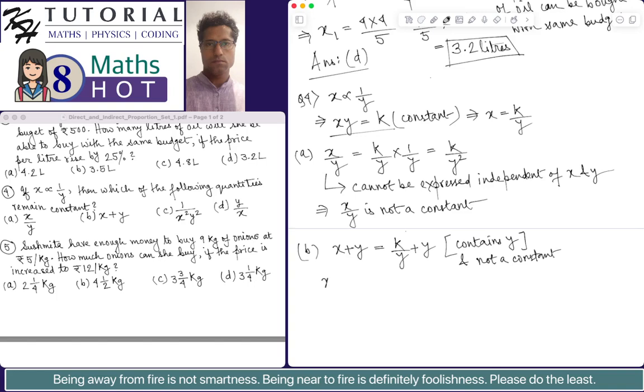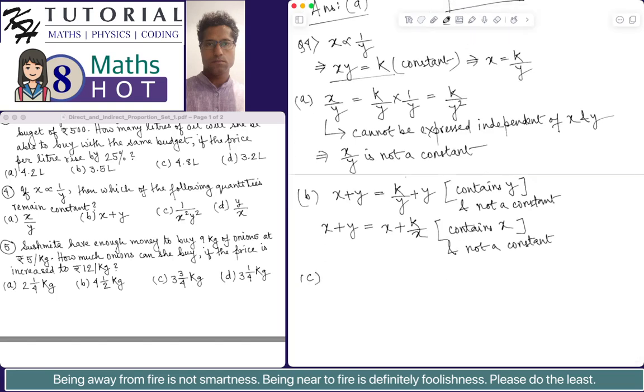Now if you try to simplify x plus y as x plus k by x, then also we see that it contains x, and hence not a constant. No matter how much you try, you cannot express x plus y in a form that will not contain the quantity x and y. So x plus y is not a constant.